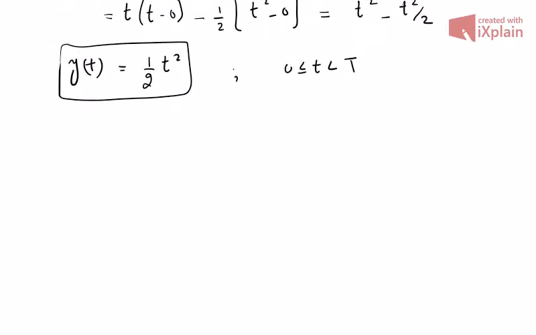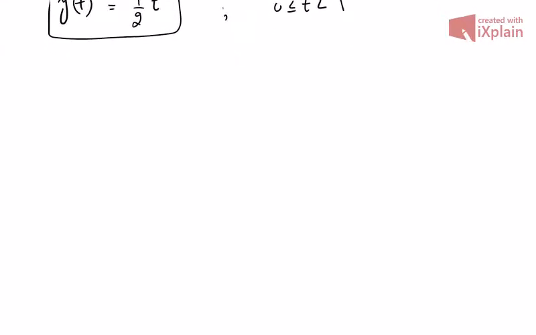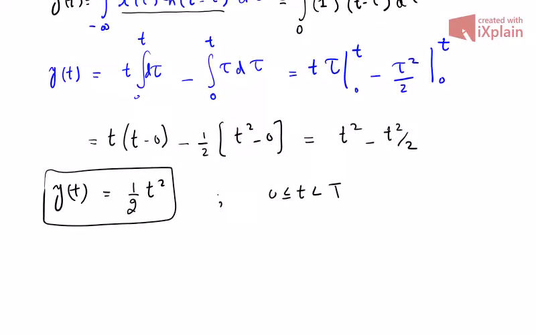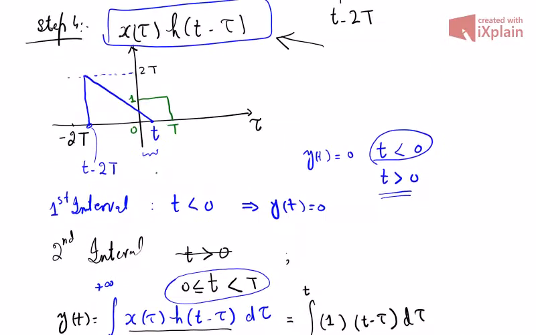Now let's find out the value when it crosses capital T. We already found the integral here. Let's move it further, so we can just redraw this signal, just drag it further.